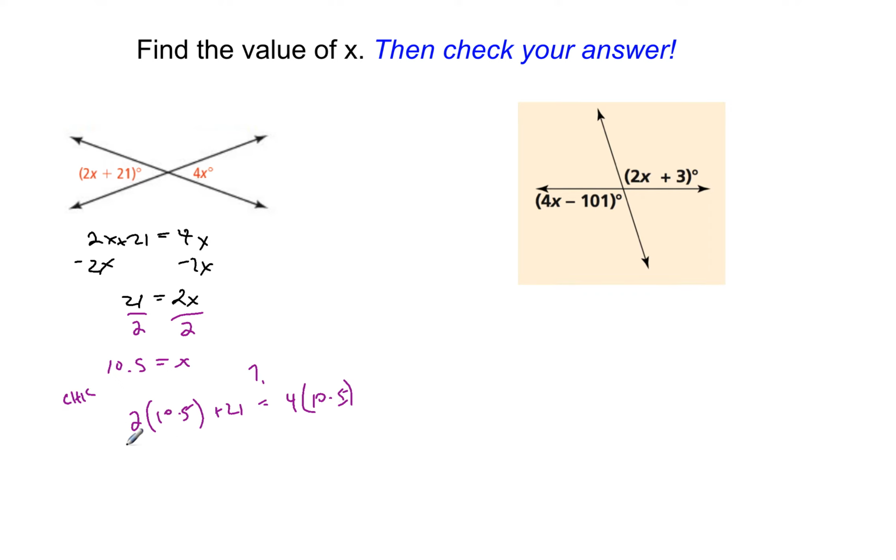Here's a way of doing this without using a calculator. 10.5 is the same thing as 10 plus a half.